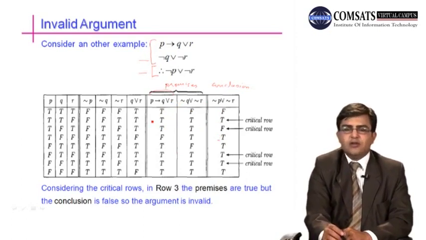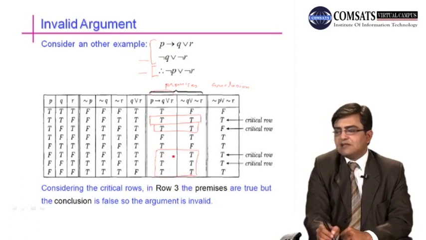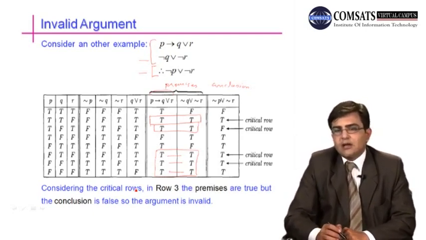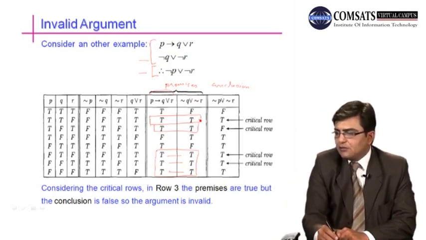Now we identify the critical rows. We have two premises. We see this is a critical row as all the truth values are true. This is again a critical row, and these all three rows are critical rows as all the truth values are true in these rows. So now we see corresponding to each critical row the conclusion.